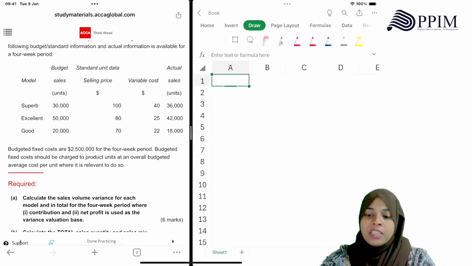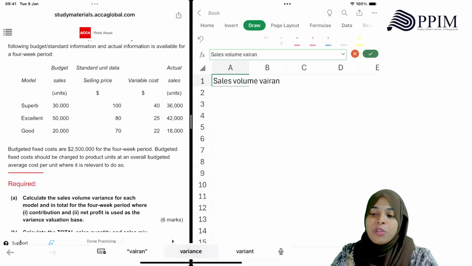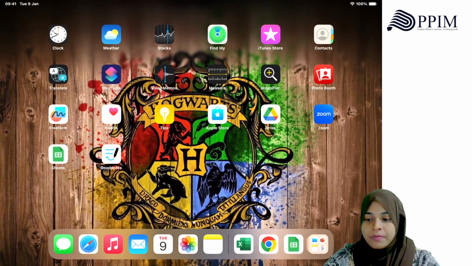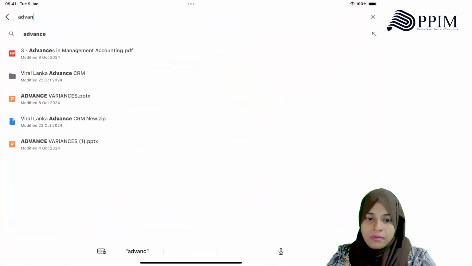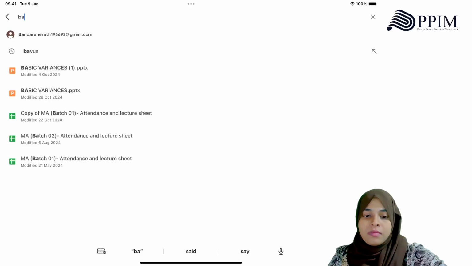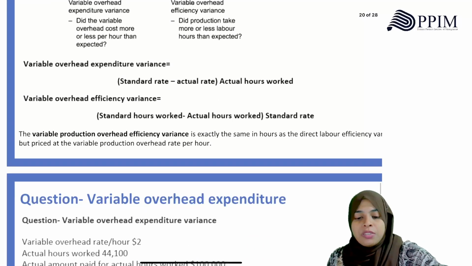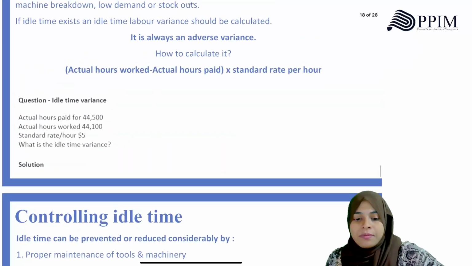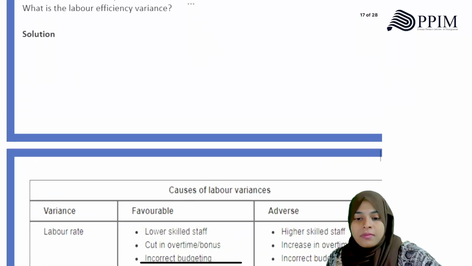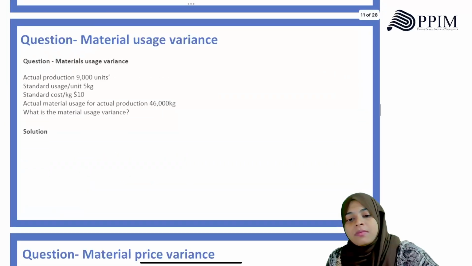How do you calculate sales volume variance? Not sales quantity, sales volume variance. What's the formula for sales volume variance? They're asking to first use contribution as the base. Actual minus budgeted into budgeted.